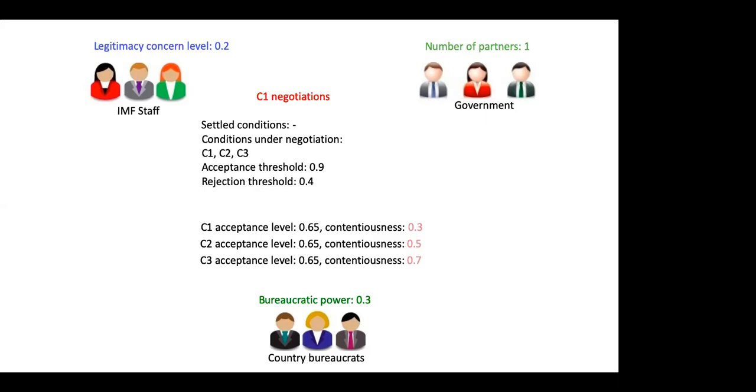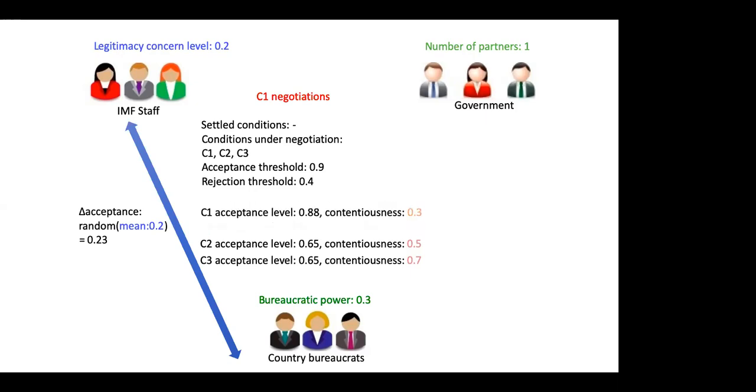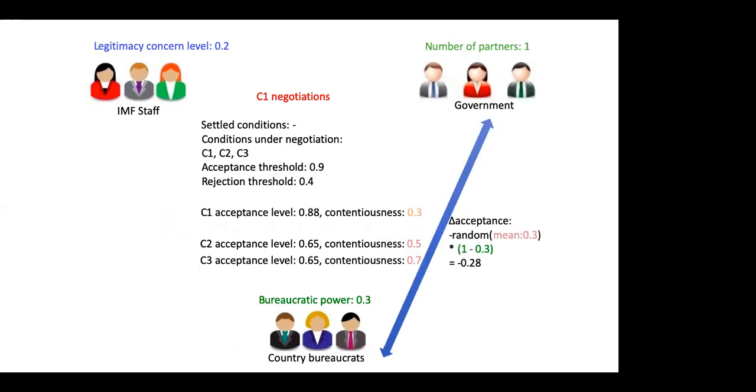That determines how pushy the staff is in the negotiations, and that level in this example is 0.2. Here, after negotiations for C1 start, the value of the increase is 0.23, and that changes the acceptance level to 0.88.